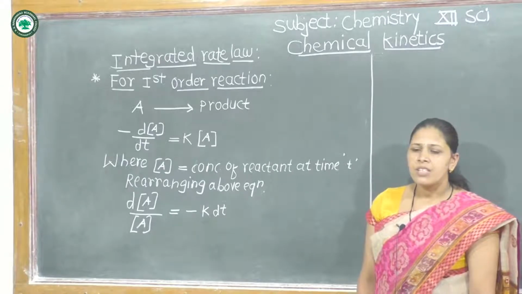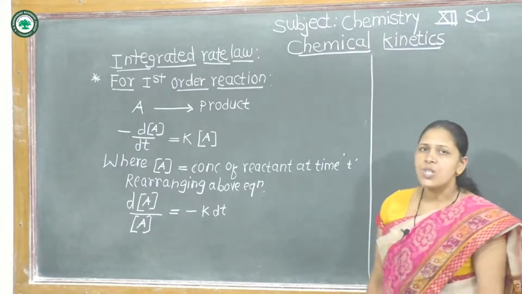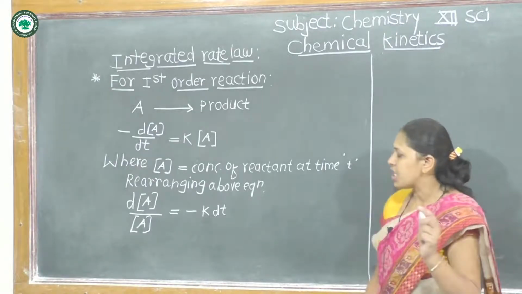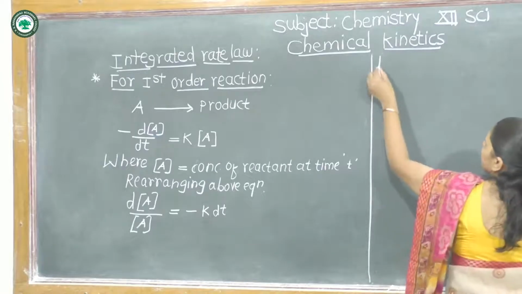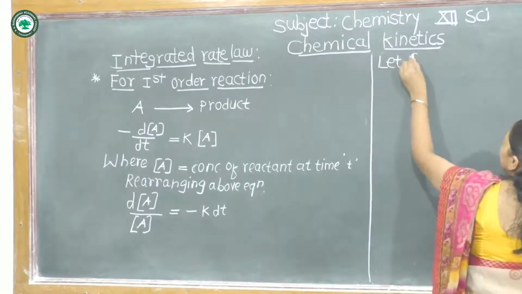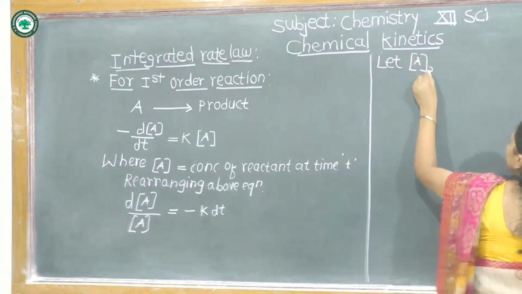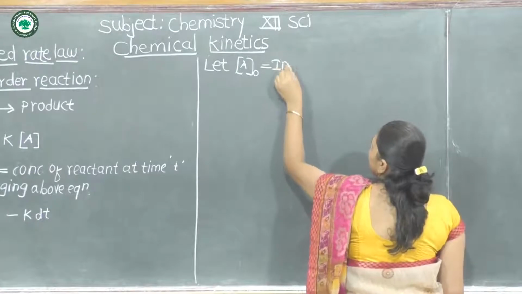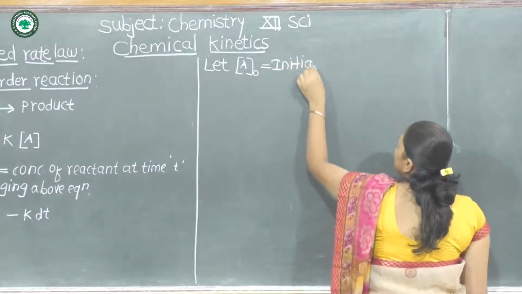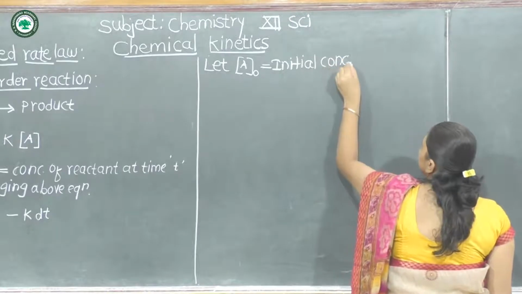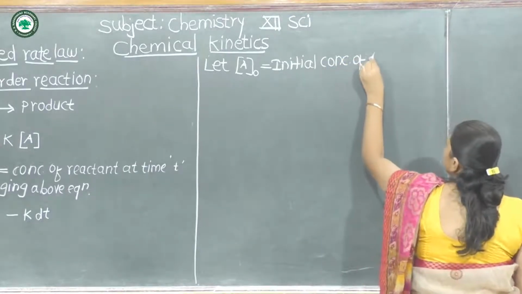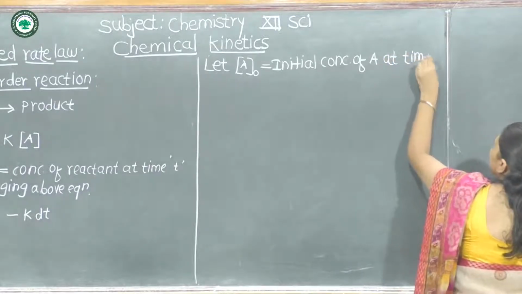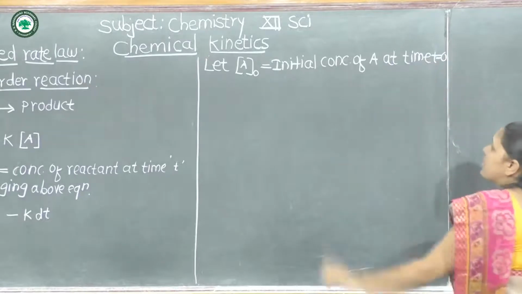A0 is the initial concentration of reactant A at time t is equal to 0.